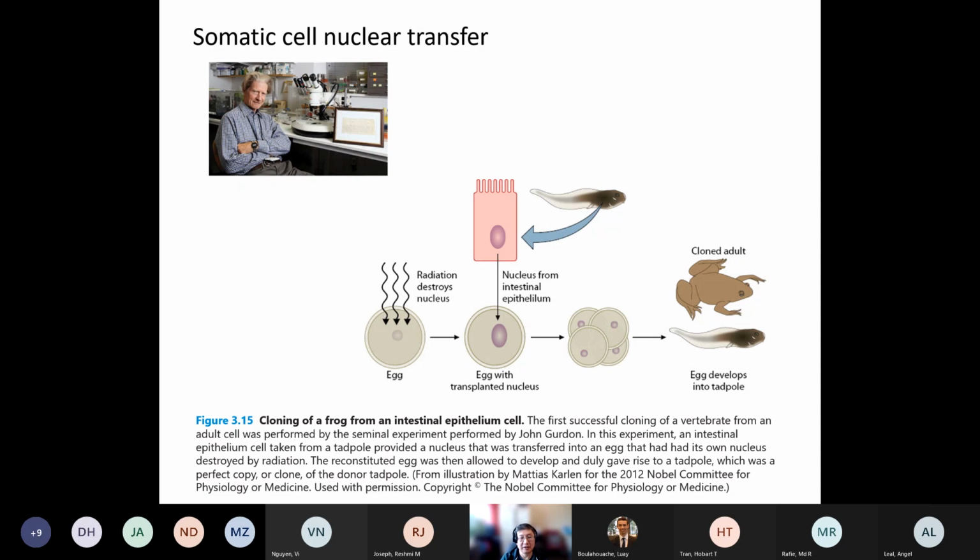So now the egg is transplanted with a new nucleus, but that nucleus is from a young toad intestinal epithelium. And he found that the egg can develop. It can develop to the 2-cell, 4-cell, all the developmental stages, and eventually can develop into a tadpole, which was really, really amazing. It was in 1960 when he first described this.